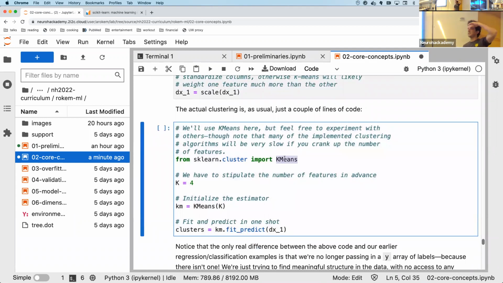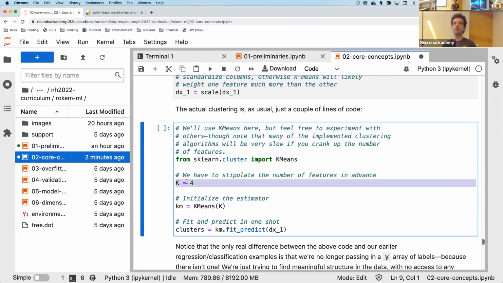K-means is a clustering algorithm that, if you give it a number k, will find k different clusters in your data. It'll break your data up into 4 in this case, based on a fairly simple algorithm that randomly chooses some points in the space and then associates things and iterates on that until it finds those clusters.